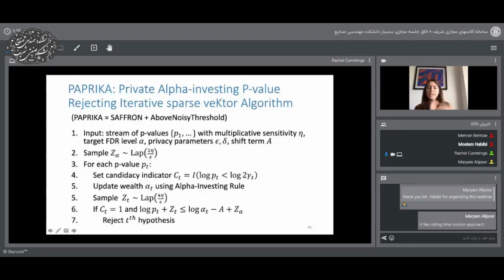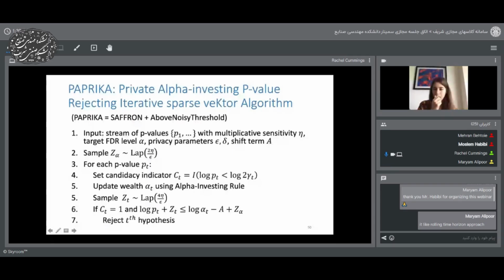Aside from these, we also have a shift parameter that turns out to be important in terms of accuracy, but it doesn't have as much intuition. But it's basically SAFFRON plus above noisy threshold with a bunch of tweaks.